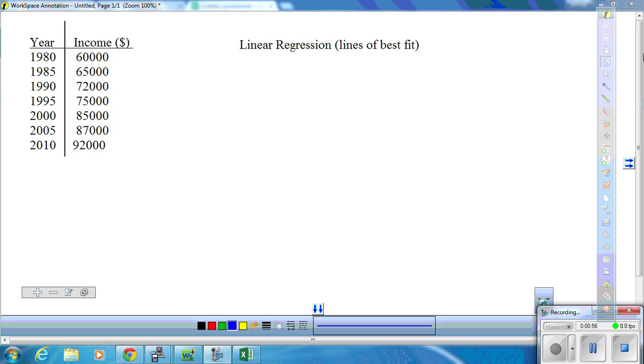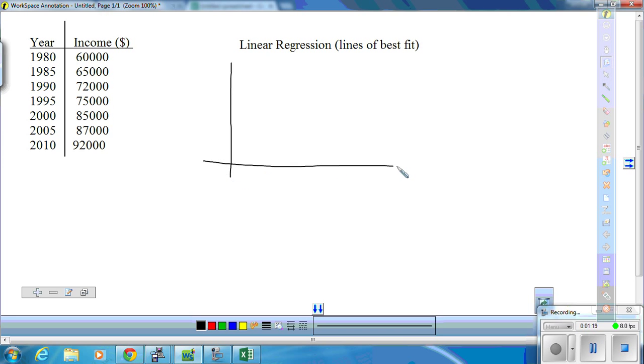And so when you look at data in the real world, very rarely does data perfectly fit a shape. But a lot of times it will have a general direction that it is going. So for example, if I'm looking at a set of data and I plot the data points, if I have a set of points that look generally like this, that's not a perfectly straight line.